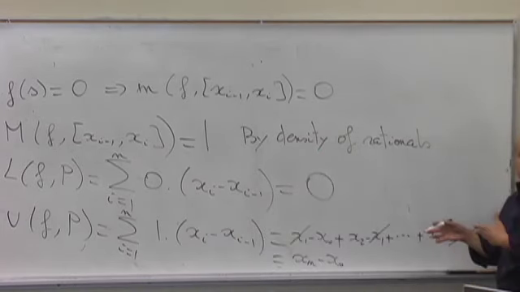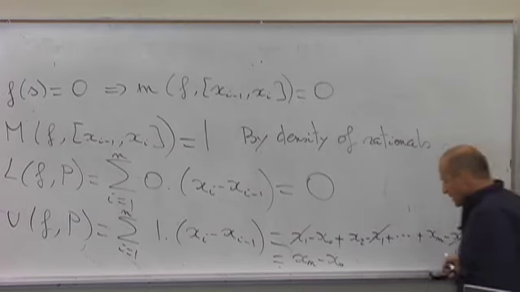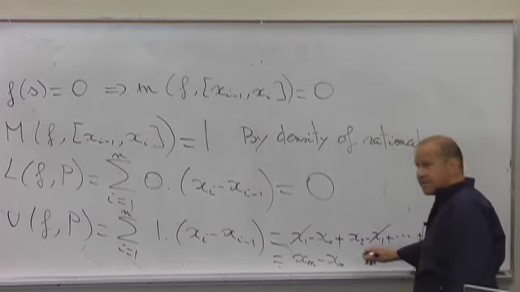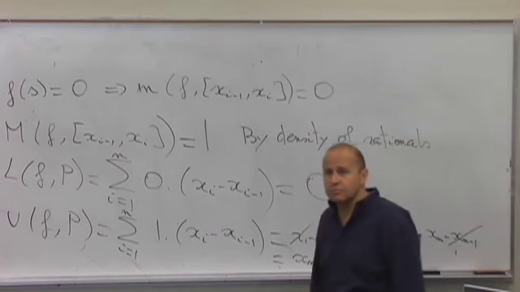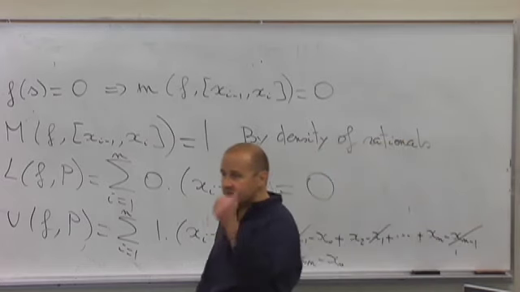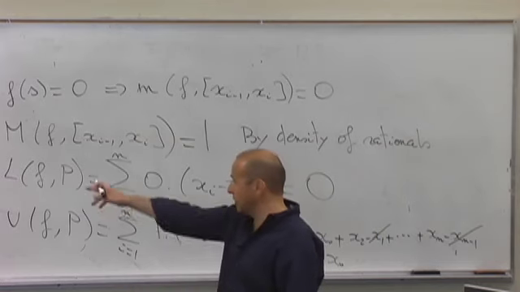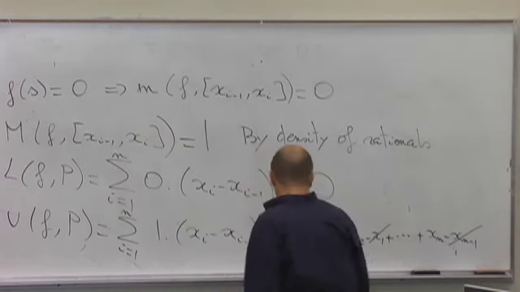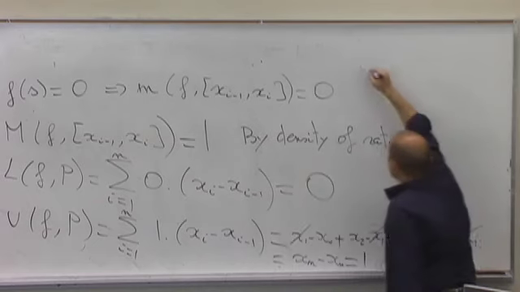We are going to use this trick many times. When you have telescoping sums, that's what you do. So you get x_n minus x0. What is x_n minus x0? It's 1, because x_n is 1 and x0 is 0, since a and b are 0 and 1 here. So we get 1.